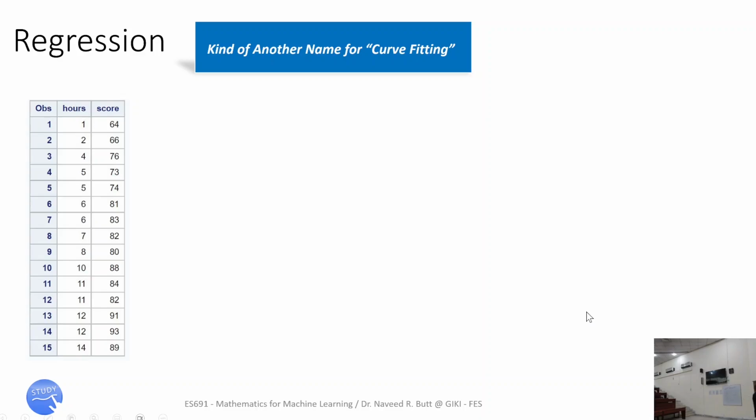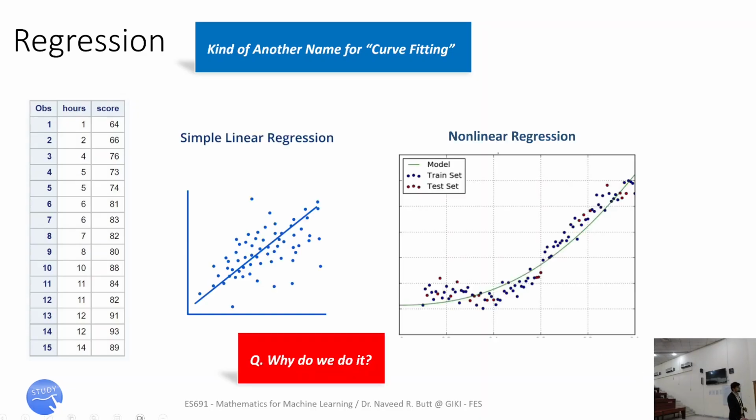Let's say I have the number of hours a student studied for the exam, and the marks the student got in the exam. So if I plot these, I get this kind of plot, and I want to fit a curve in there to model it. Yeah, that's a regression. You're fitting a curve in there.